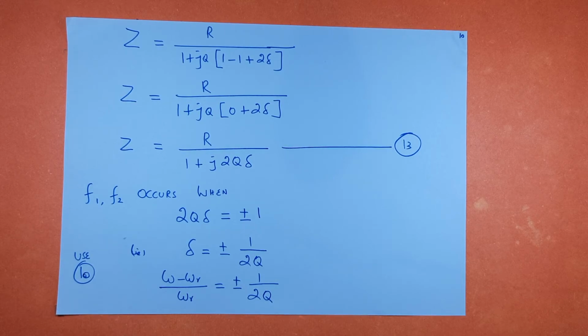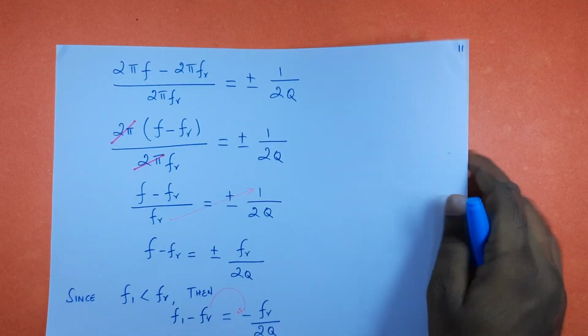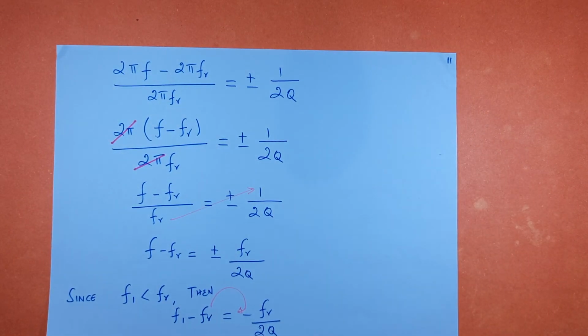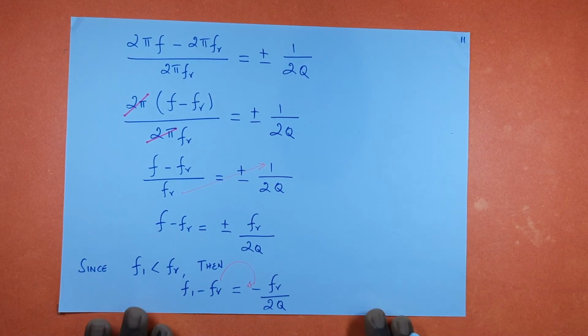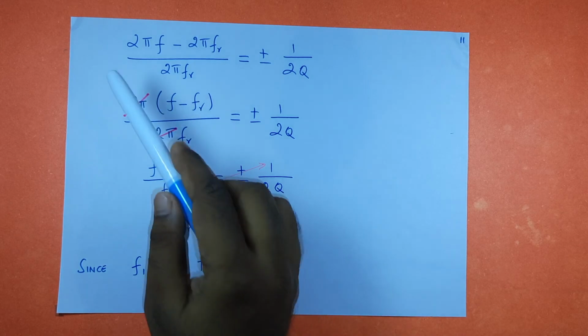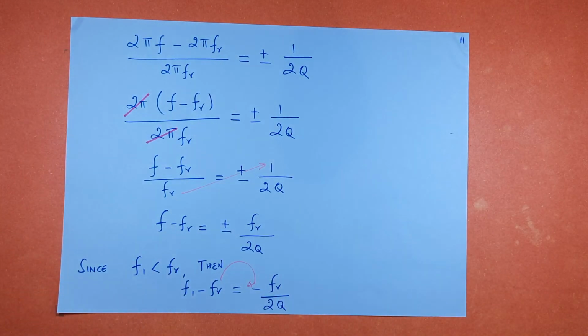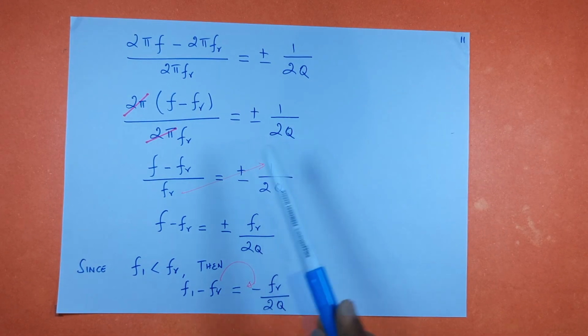Next you expand this omega. What you will be getting? 2 pi f minus 2 pi fr divided by 2 pi fr equal to plus or minus 1 by 2Q. So here 2 pi is common in the numerator, you take it outside. 2 pi into f minus fr divided by 2 pi fr equal to plus or minus 1 by 2Q.